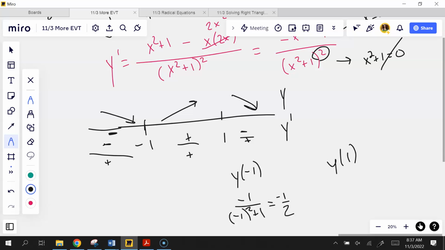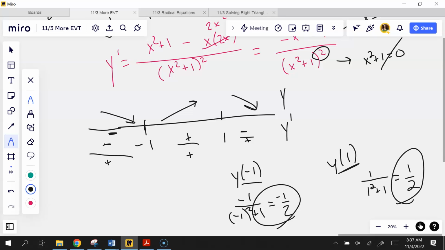And y of 1 would be 1 over 1 squared plus 1, which is positive 1/2. So minimum value of -1/2 at x equals -1, maximum value of 1/2 at x equals 1. That one was easier than the old.